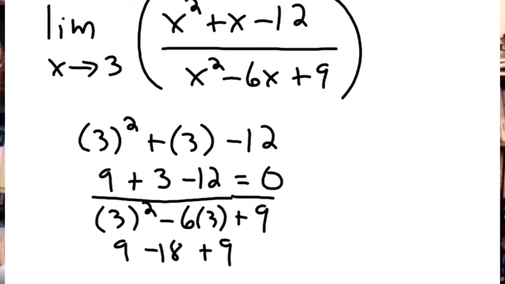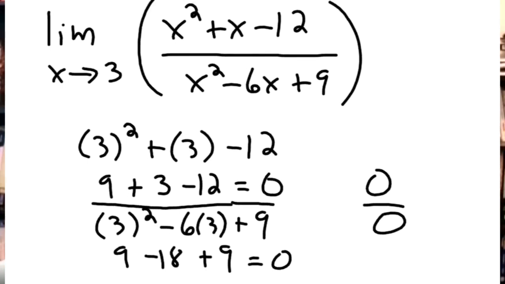So that's 18 minus 18. So that's 0. So we get 0 over 0. So there's hope. So we may be able to find this limit. Again, 0 over 0 doesn't guarantee the limit exists, but there's hope that you can maybe find the limit. So we're going to try to factor this expression and see what happens.